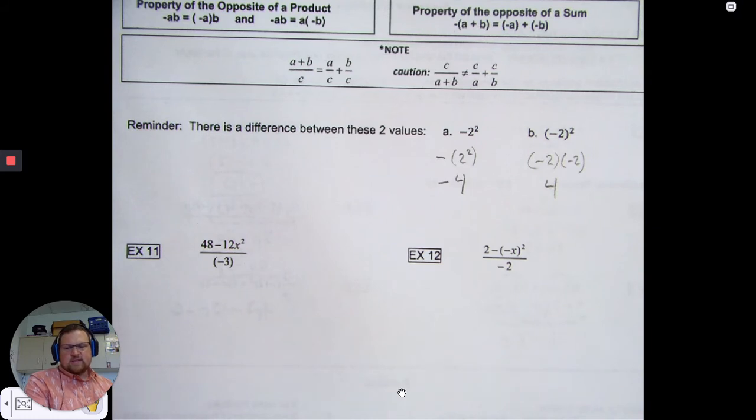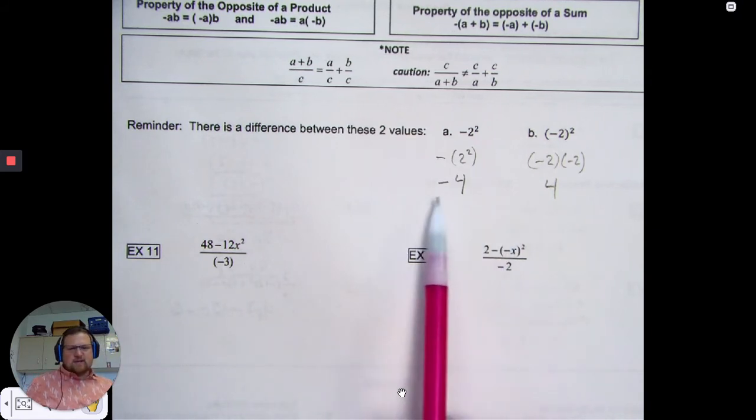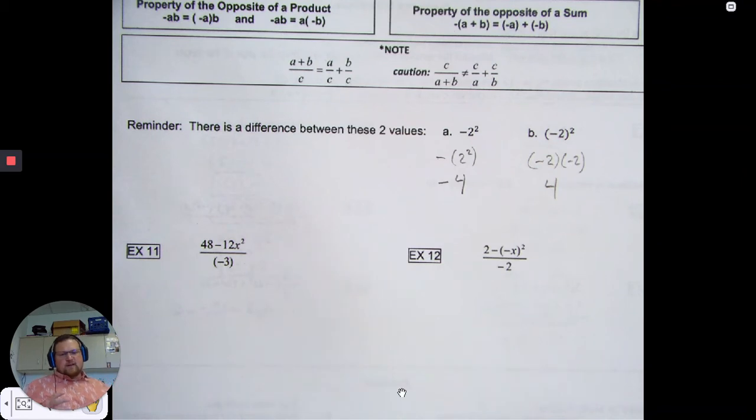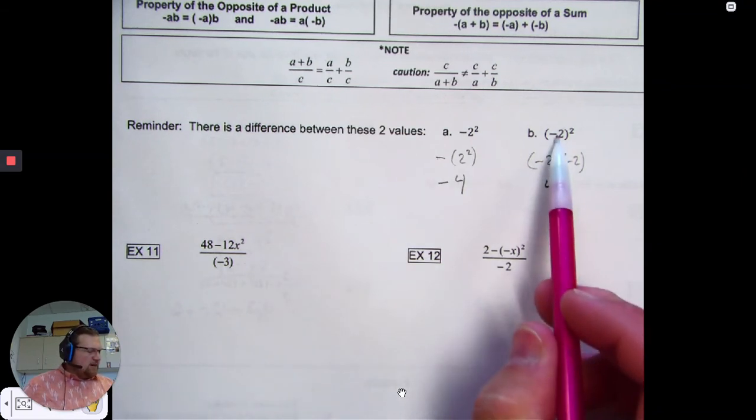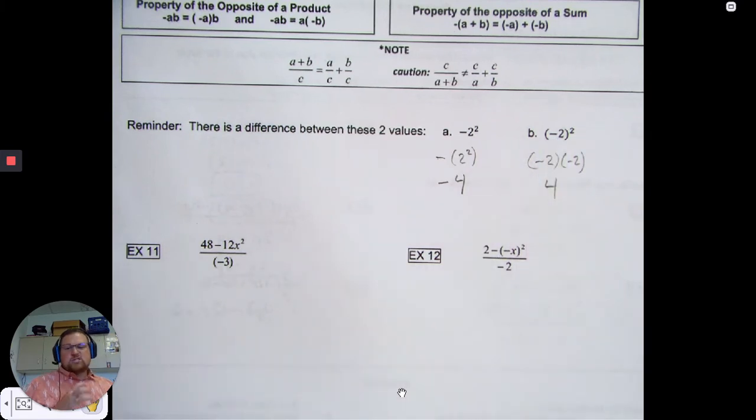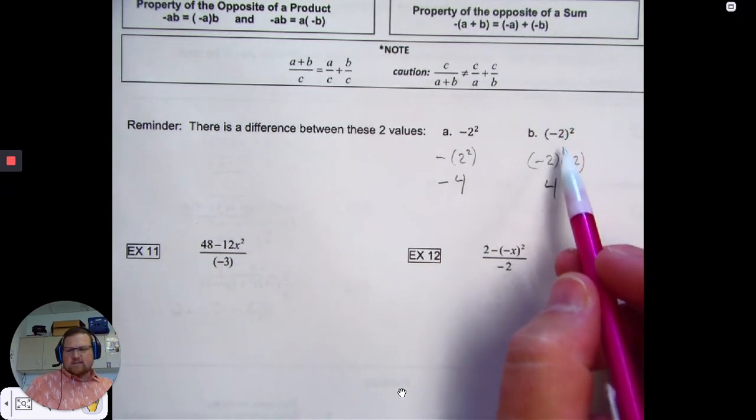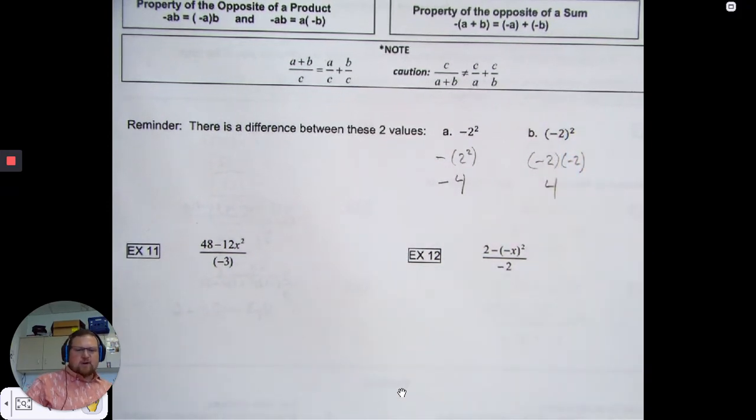Now, if you put this in any scientific or graphing calculator, those are the responses you're going to get. So it's very important that you're careful when you're entering these values into your calculator, because if you want a negative 2 squared, not the negative of 2 squared, we have to make sure we put it in parentheses when we enter it into our calculator.